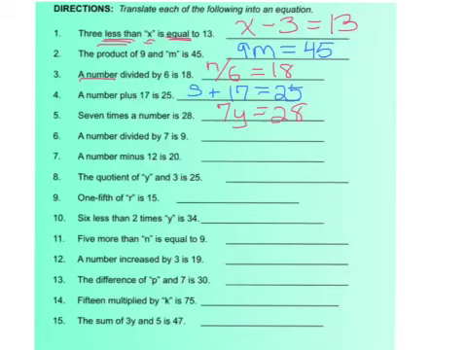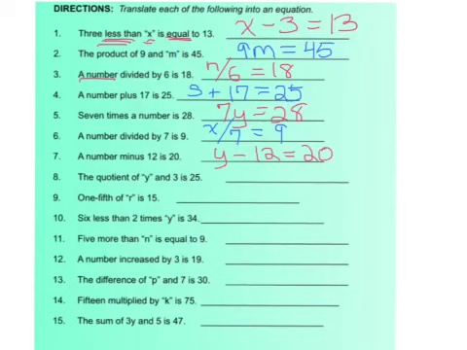Number 6, a number, the variable we don't know, x divided by 7 equals 9. A number minus 12. Minus is not a turnaround word, so it's in the order that it's written. A number y minus 12 equals 20.